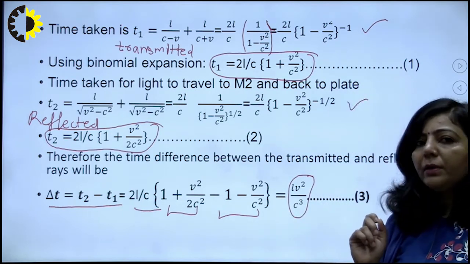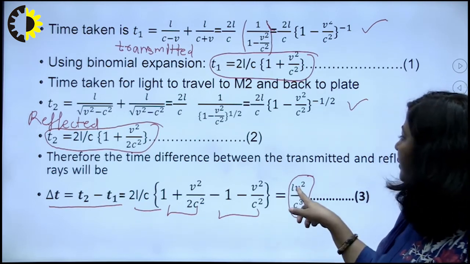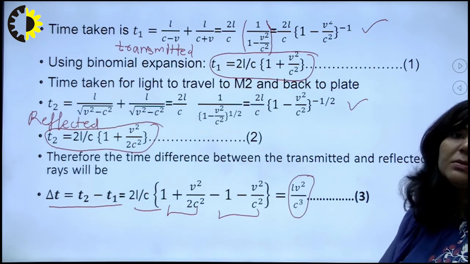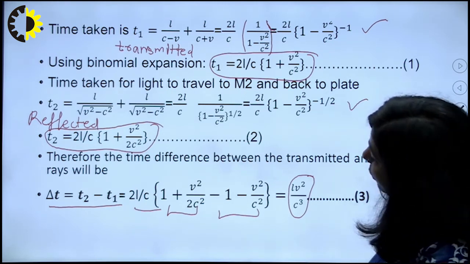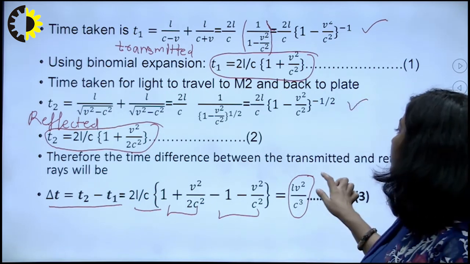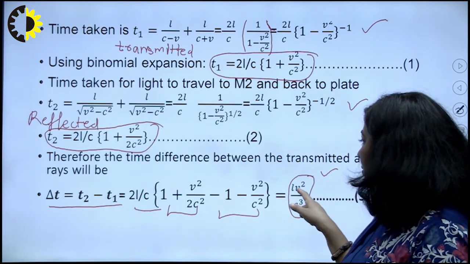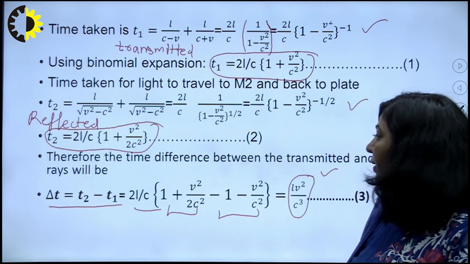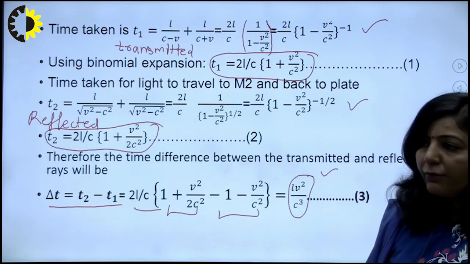From equation number 3, you can derive a very important conclusion. If V is equal to 0, what will be the time difference? If V is equal to 0, then the time difference is equal to 0. It means this time difference will be there only because of the velocity of the apparatus with respect to the ether frame. So only because of this particular term you are getting a time difference.